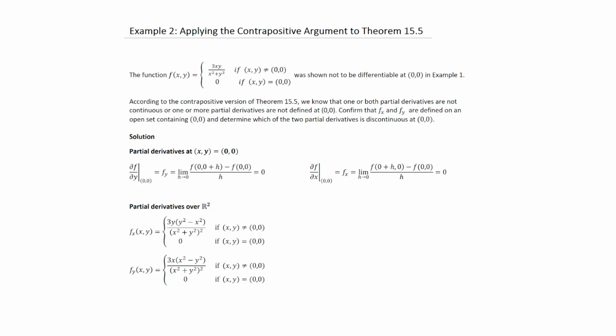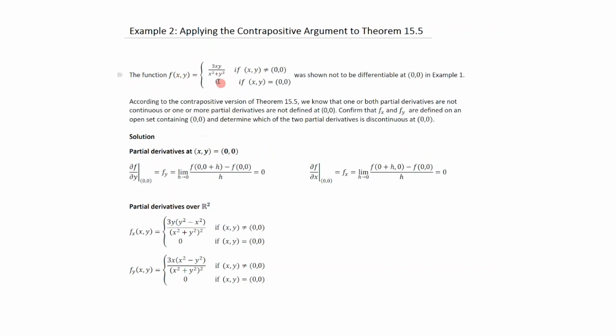So now what we want to do is confirm that f and the partial derivatives fx and fy are defined on an open set containing (0,0). And we want to determine which of the two partial derivatives is discontinuous at (0,0). So we go through a series of calculations. The partial derivatives we need to compute at (0,0).